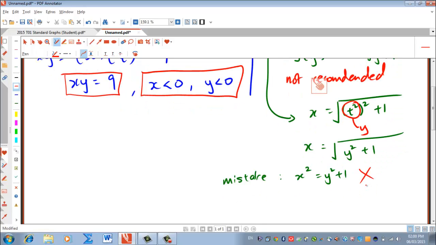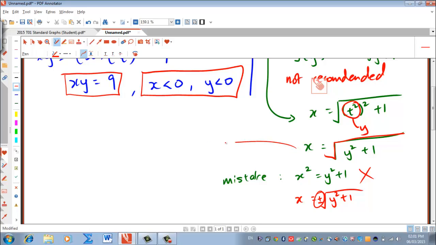If we look at x squared equals y squared plus 1, actually x equals positive or negative root of y squared plus 1, meaning it consists of both the positive and negative values of x, but in our question here, only the positive square root is stated for x. So therefore, we should not include the negative square root as well.